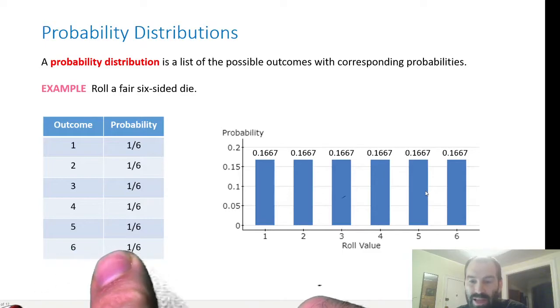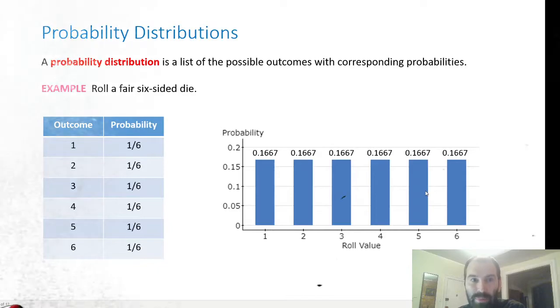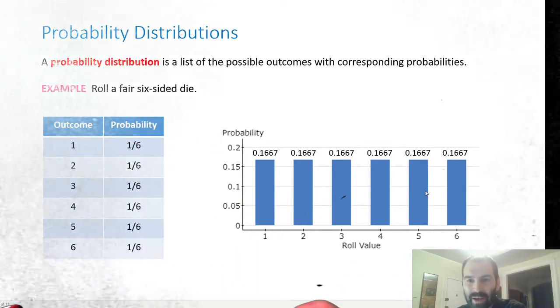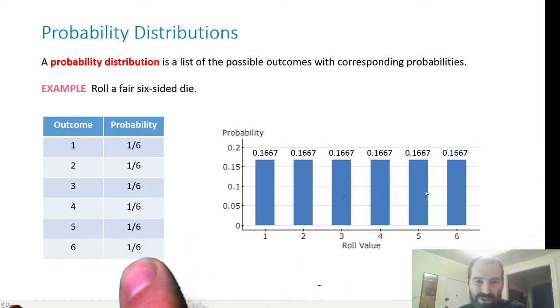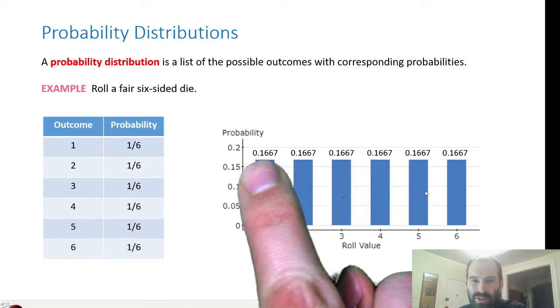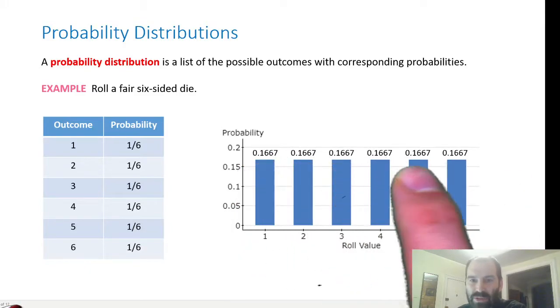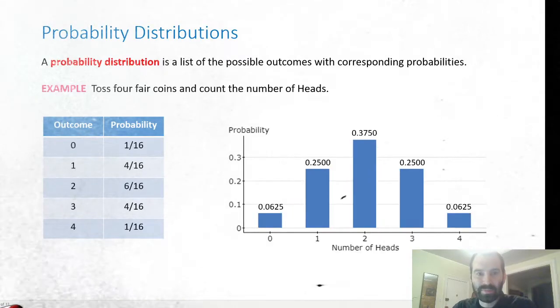If I put those together in a table or in a graph, that's called a probability distribution. This is the probability distribution for rolling a fair 6-sided die. It's a pretty boring probability distribution because all the probabilities are exactly the same, and so it makes a pretty boring chart, right? When everything is the same straight across, we call this a uniform distribution.